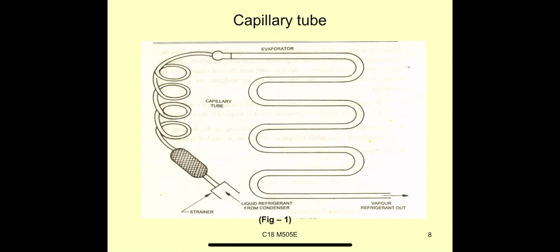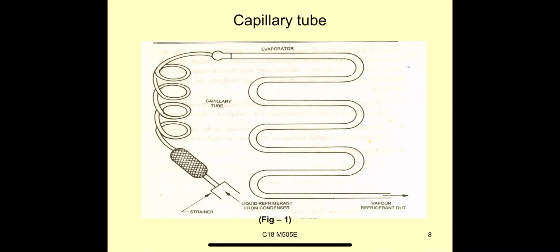In between the condenser and evaporator there is a valve, the expansion valve. Here we are keeping the capillary tube, one type of expansion valve.